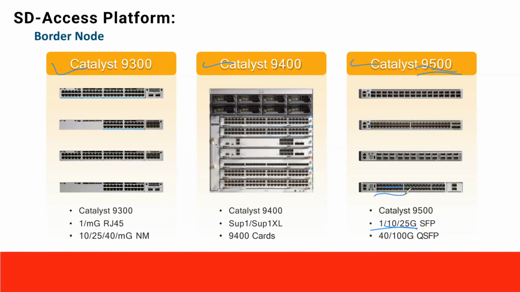The edge nodes' uplinks will be connected on this specific border node. So this device mostly suffices the requirement. Not a mandate, just sharing my experience, whatever I have worked on. This was the model used for the border node.